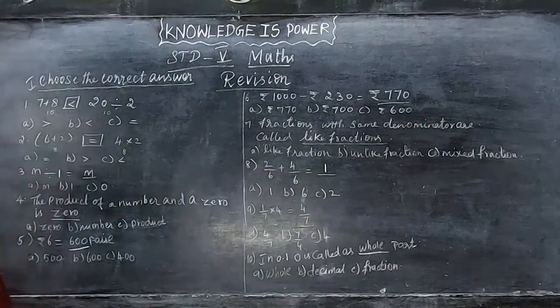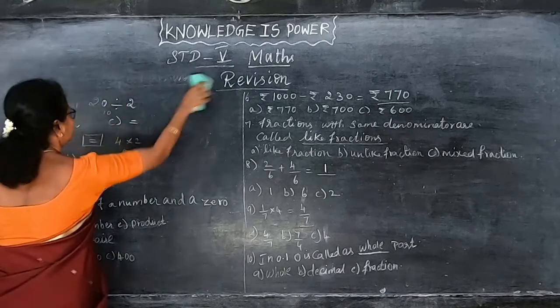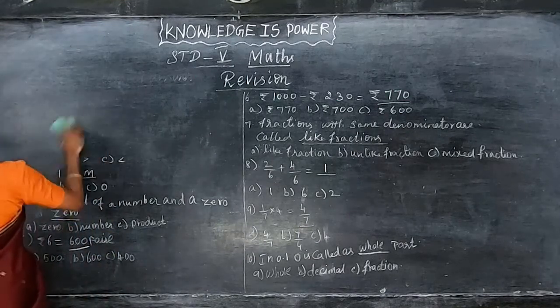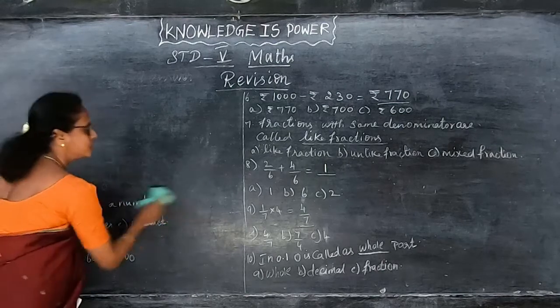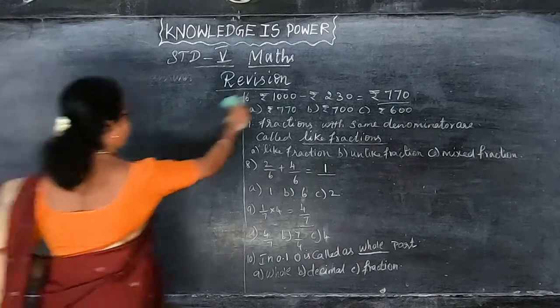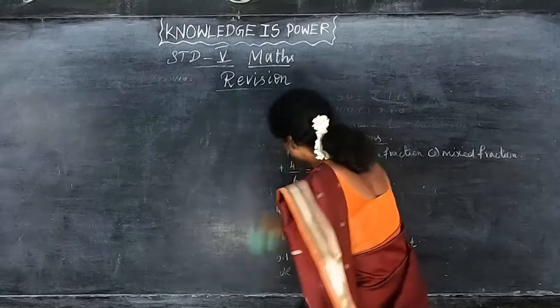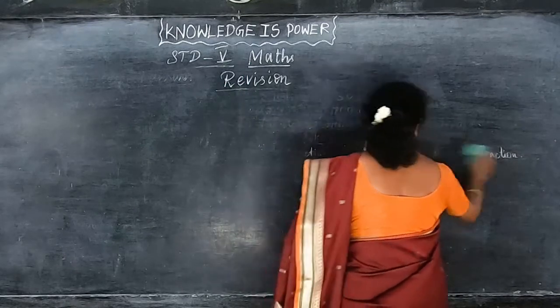So I have given 10 choose questions. In the choose, we will give any 5 or something like that. So go through all this. The answers also I have given. So follow the answers correctly.